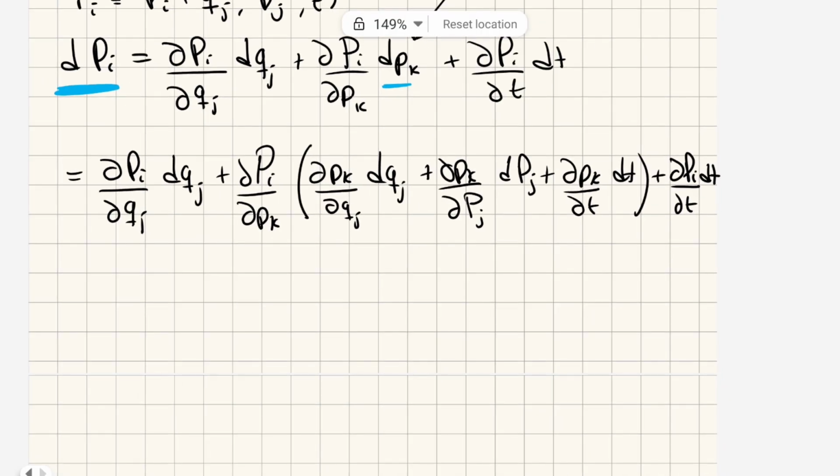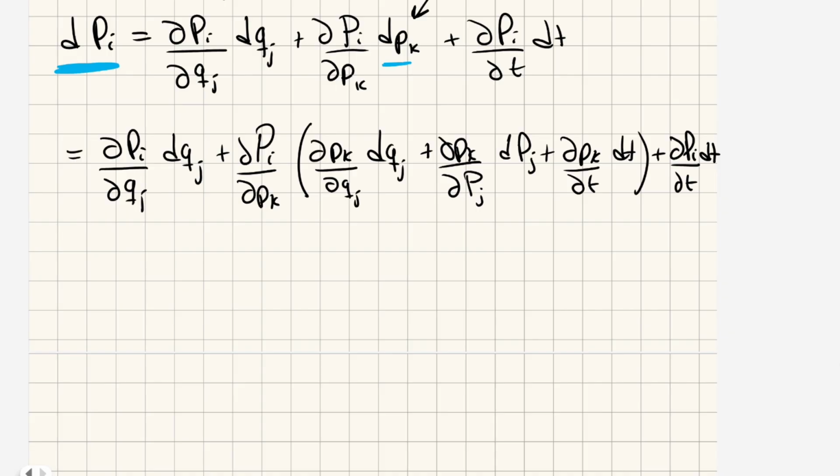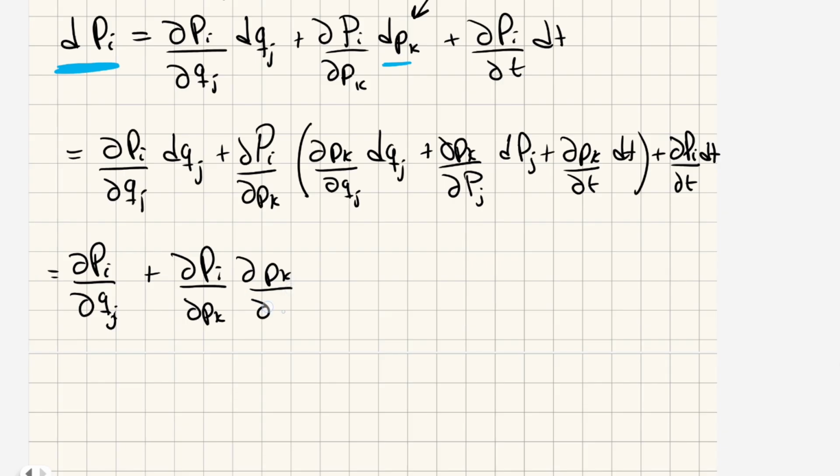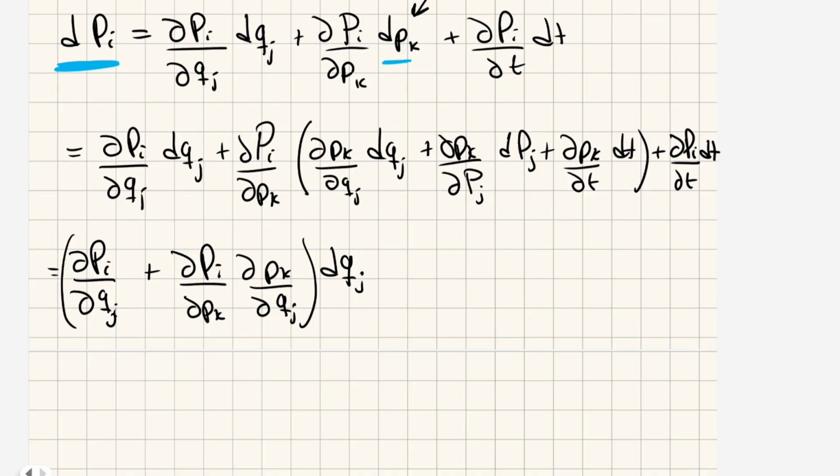First of all, I'm going to rewrite this equation in a different way. This is the partial of capital Pi with respect to qj dqj, plus the partial of capital Pi with respect to little pk, times the partial of little pk with respect to qj, and then all this multiplies dqj, right?